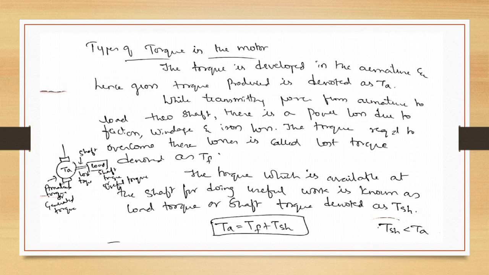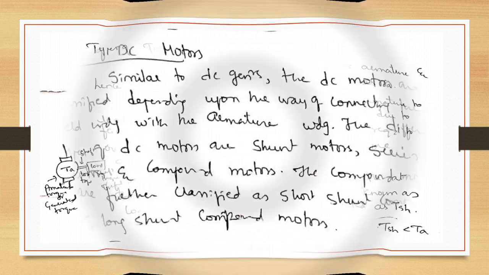And the final torque which is available at the shaft for doing useful work is called as shaft torque or load torque, which is denoted as TSH. Armature torque is an addition of lost torque and shaft torque. Shaft torque is always less than armature torque.